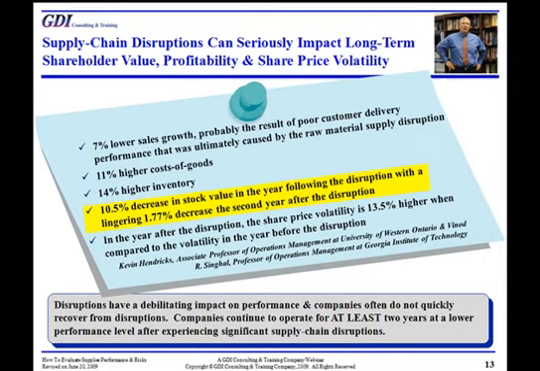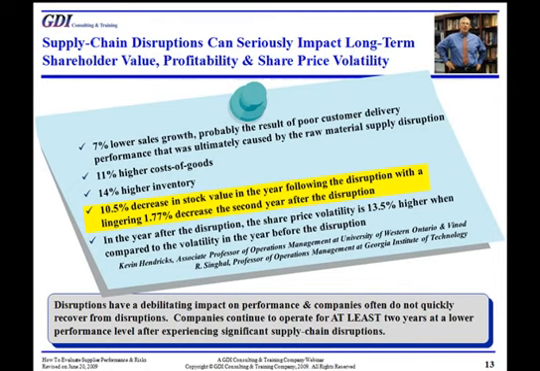And what they discovered when companies had a major disruption in supply chain, one that caused a drop in revenue, was that sales growth, not sales volume, but sales growth, ultimately dropped about 7% as a result of the disruptions on average. And those same companies experienced about 11% higher cost of goods and about 14% higher inventory as they tried to buy their way out to make sure this never happened again.